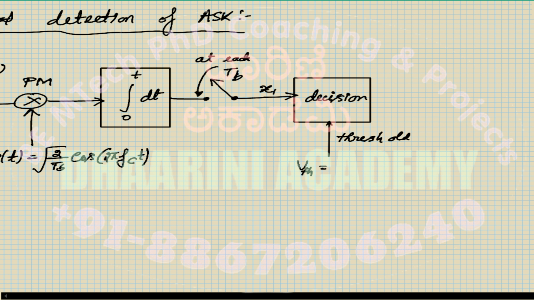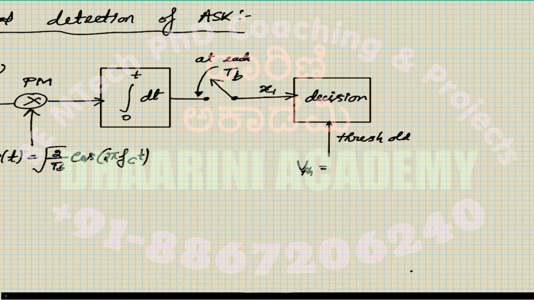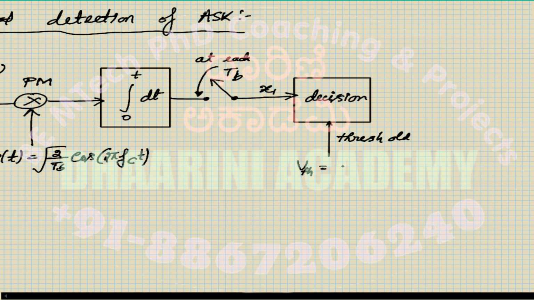It is in terms of voltage because we are dealing with the circuit, and circuits work based on currents or voltages, right? If you go back and check the constellation, it says that the midpoint, halfway between 0 and root Eb, is the decision threshold, correct? So root of Eb by 2 will be kept as the threshold.